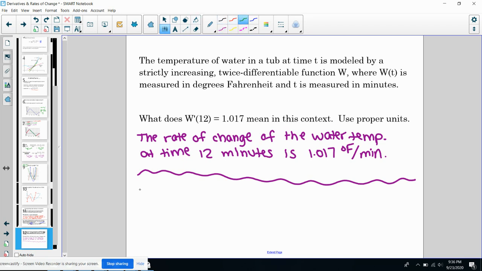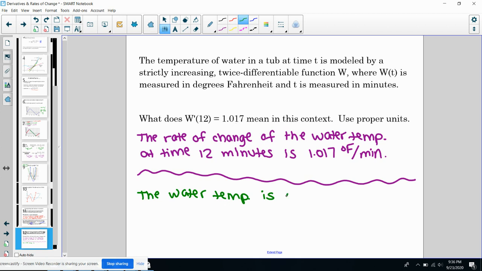I'm just going to write it another way that is more conversational. So I would say something like the water temp, because it's positive, right, it's increasing. If this y value is negative, the temperature would be decreasing. So again, pay attention to the sign that you have.